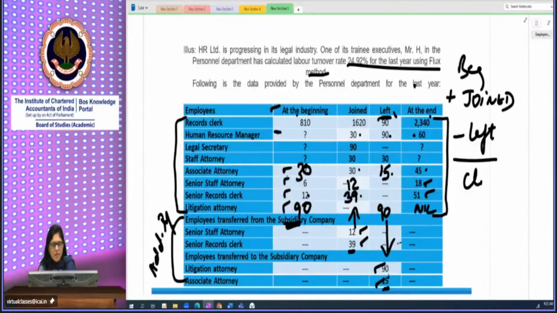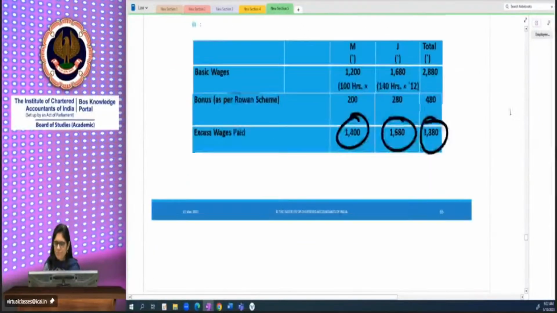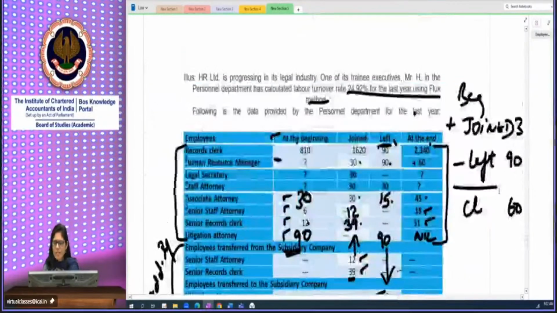So here the closing is 60, left is 90, joined is 30. Let me just write it over here, the space is less. So how much is beginning?